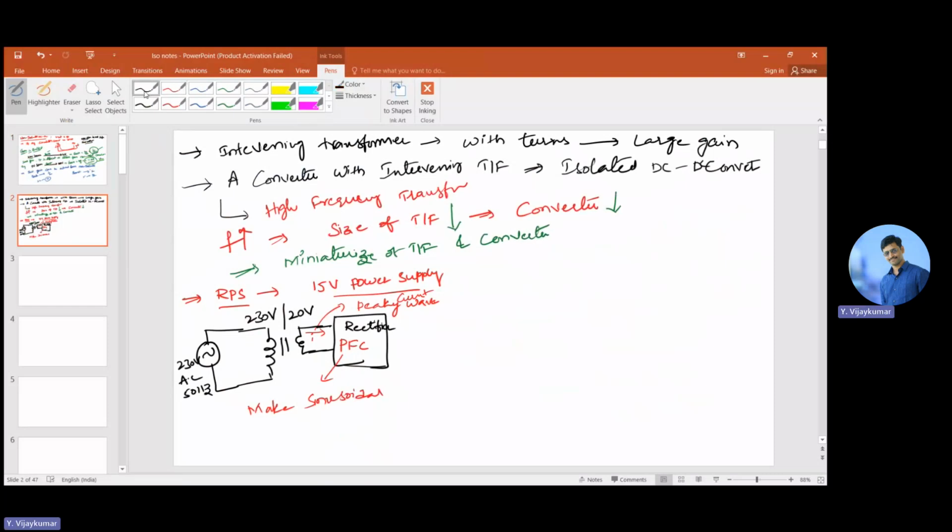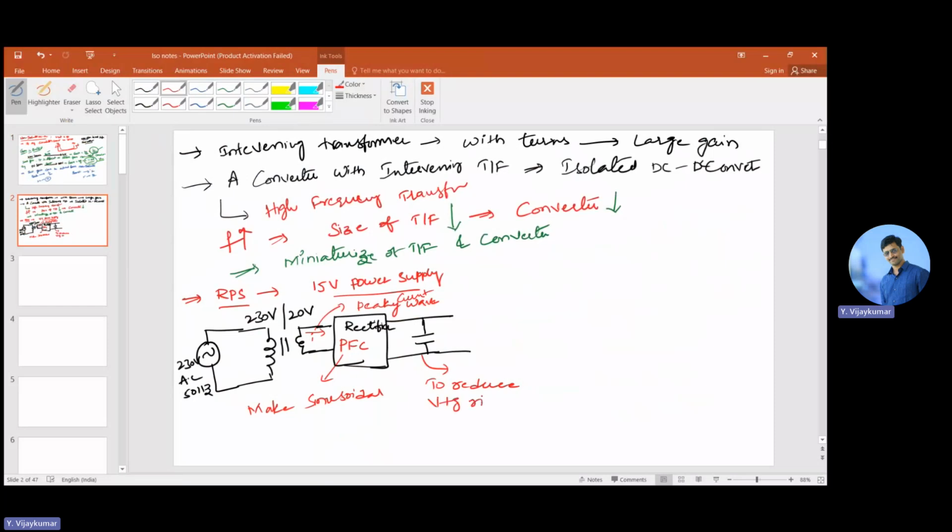Now, at the output side of the rectifier we are going to get DC. Now, we are going to use a capacitor here to reduce voltage ripples or oscillations.